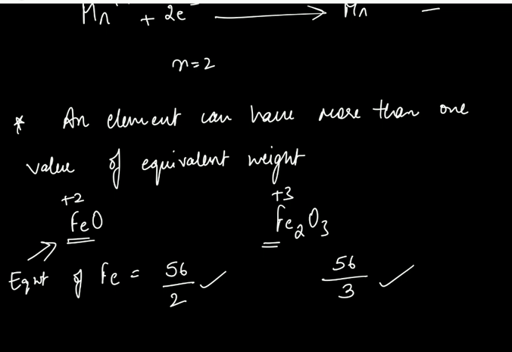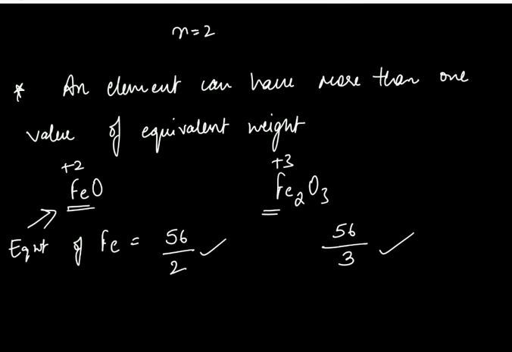Because the compounds are different. How they are bonded, with how many atoms it's bonded, everything matters. So you can say the equivalent weight of a compound in grams which is taking part in a reaction is the weight of the compound which combines with one equivalent of another compound. We can even say that.